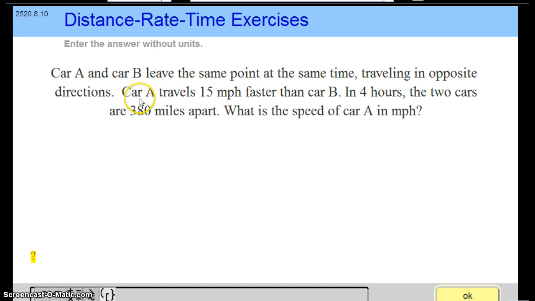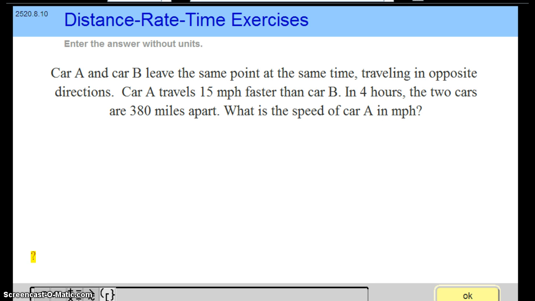Well, looking at the word problem, car A travels 15 miles per hour faster than car B. We also want to know the speed of car A. I always like to name x as the thing we're solving for. So x is going to be the speed of car A in miles per hour.